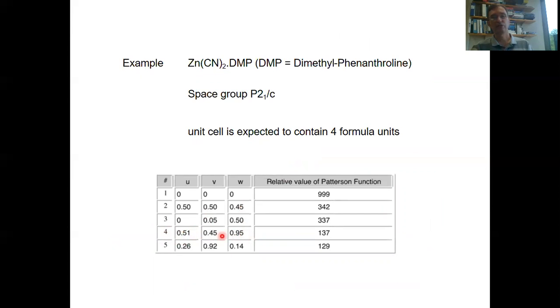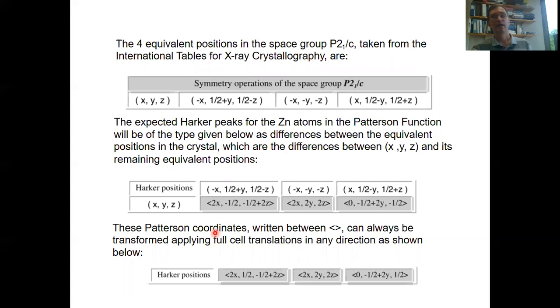So the U values and the W values are close to 0.50 and 0.94, so we can attribute the differences to experimental error, but 0.54 is too far away from 0.45. However, also in the Patterson space, there is symmetry.